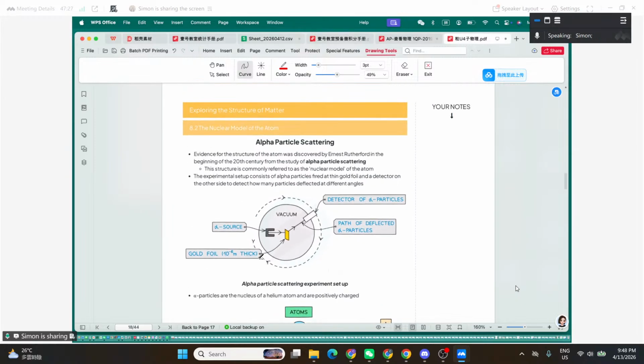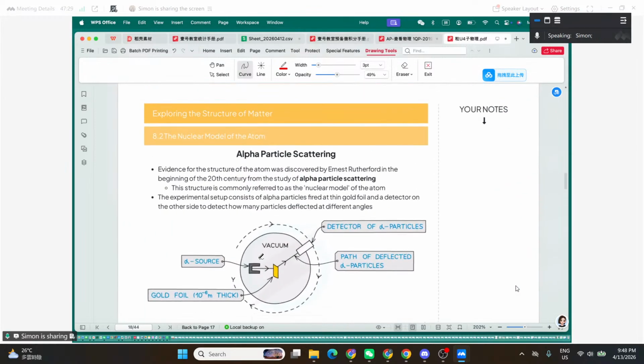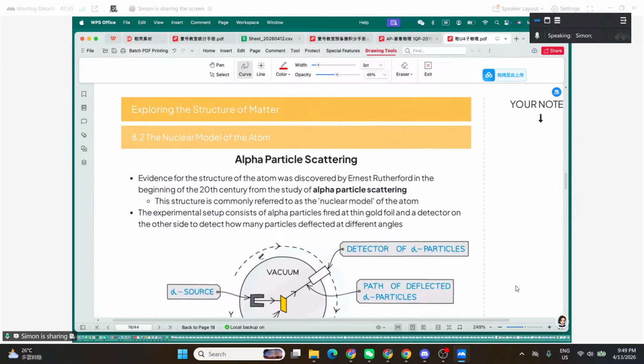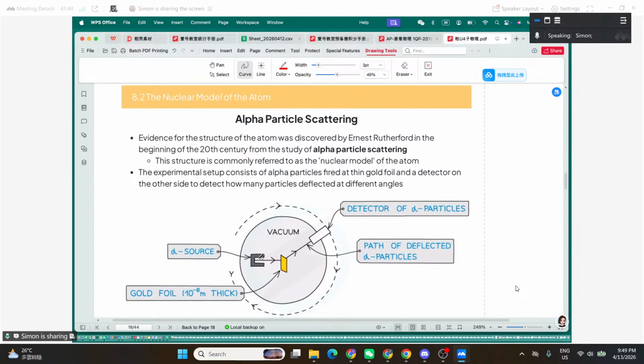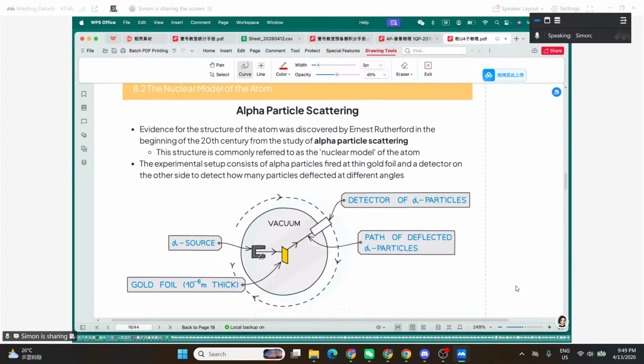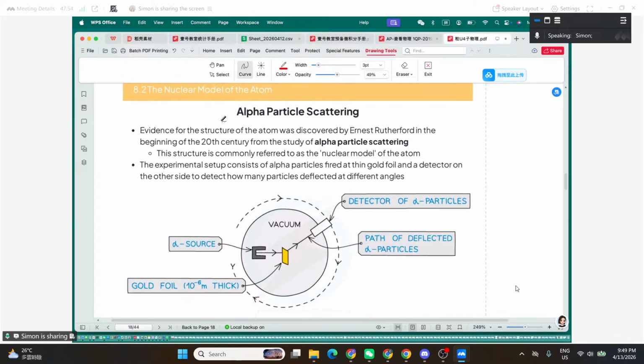After this we have another particle, the basic unit, the basic composition of matter, and we are going to explore the structure of matter. We want to know why the atom has electrons, and why the core is the combination of neutrons and protons. Here is the experiment: alpha particle scattering.